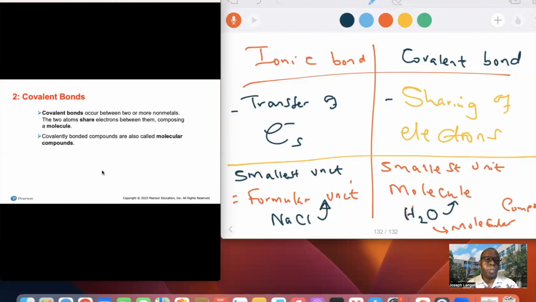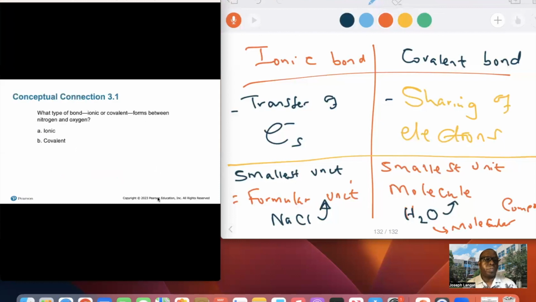Here is just an illustration of the sharing of electrons between 2 nonmetals to form that.